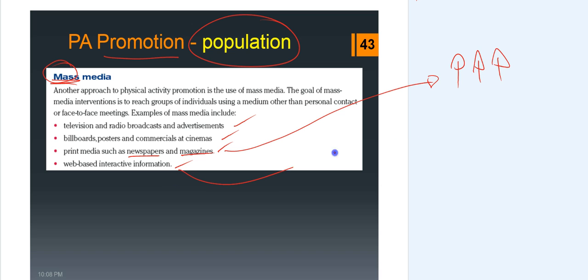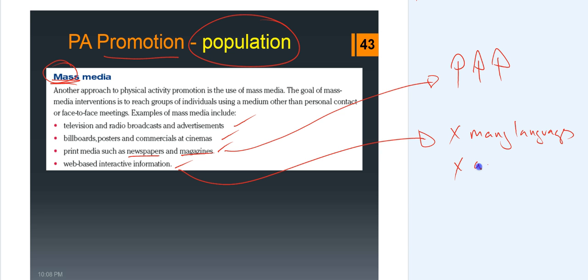With our web-based interactive information, what we would be looking at here is web-based information that provides access for a large group of people. So is it written in many languages?